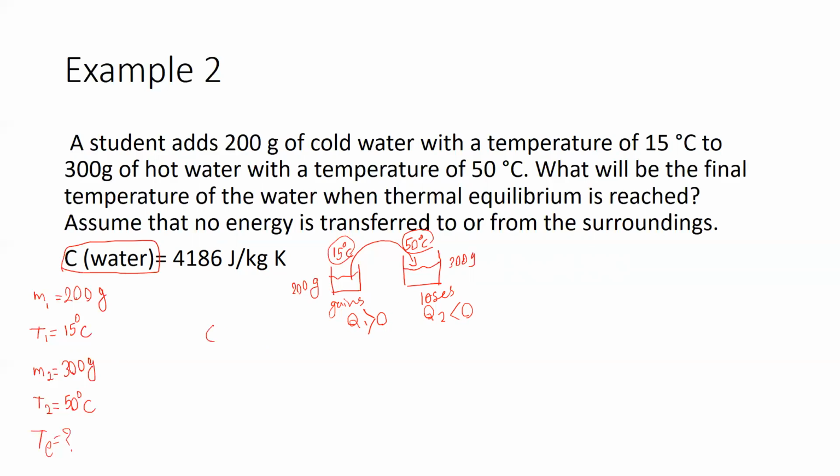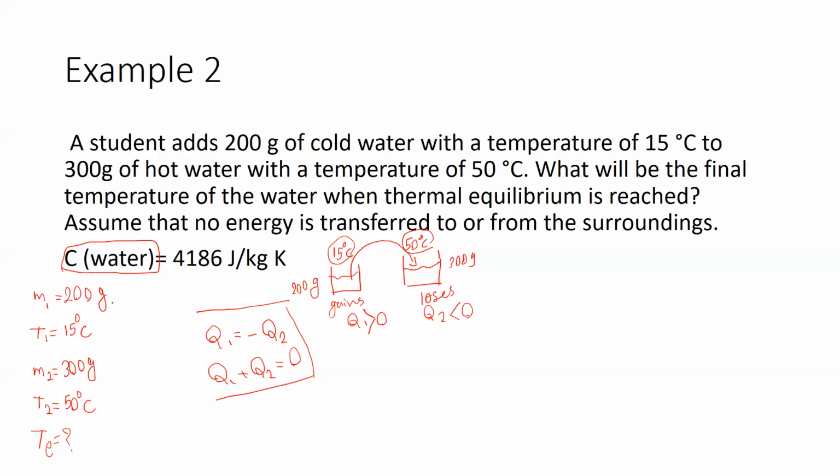As a result, we can say Q1 equals minus Q2, or more simply, Q1 plus Q2 equals 0. Okay? This is really important. If you want to answer this question, you need to know this one.